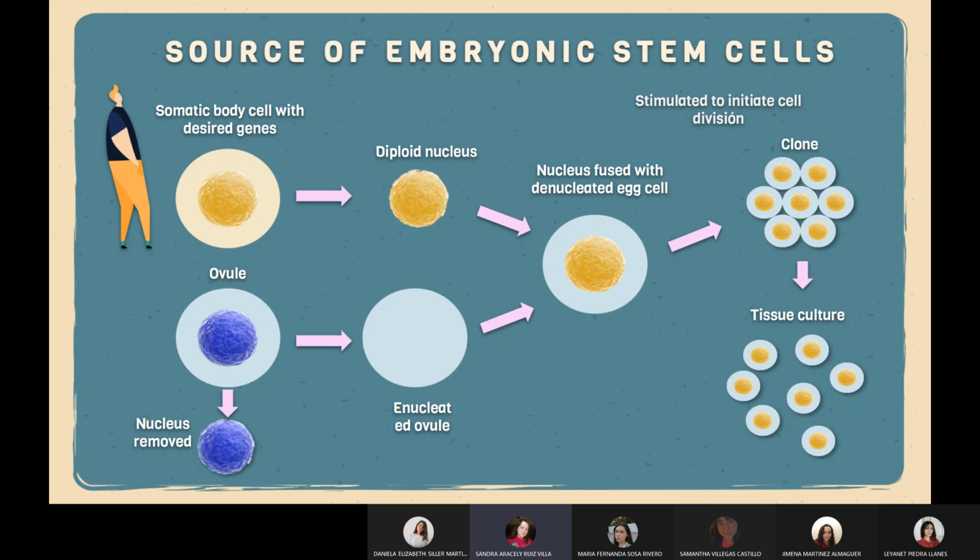Then these are going to be joined, and in this somatic cell produced, you need to stimulate it to initiate cell division. Then you have your clone, and that can be used for all the experiments, like doing tissue culture, for example.